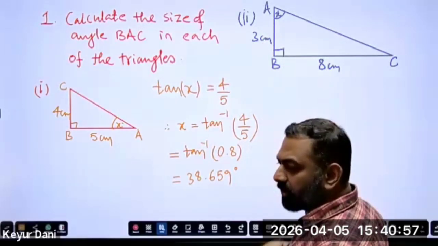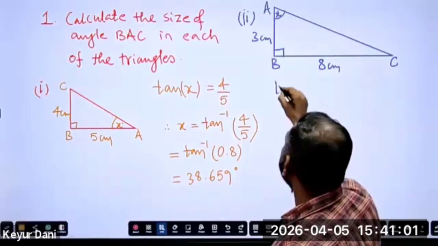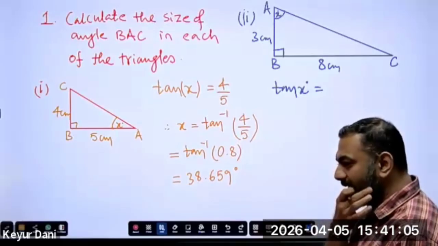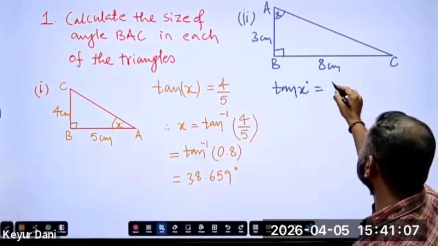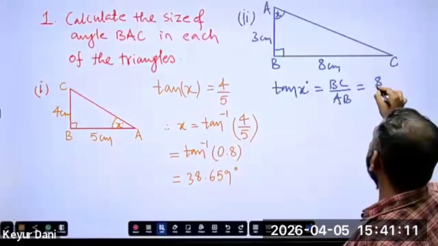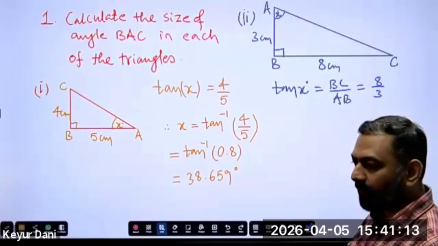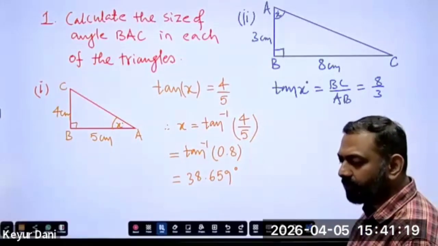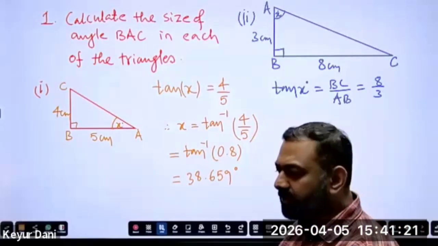Tan, because tan relates to opposite and adjacent. So tan of x will be equal to how much? Opposite upon adjacent. So 8 upon 3. Wow, I did the opposite. No worries, happens. Change the solution and give me the correct answer.